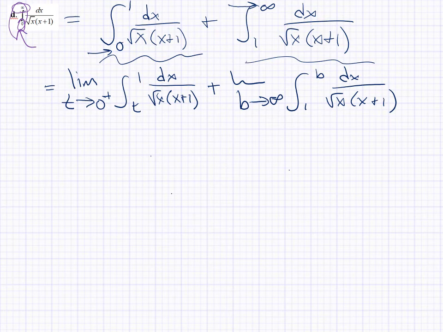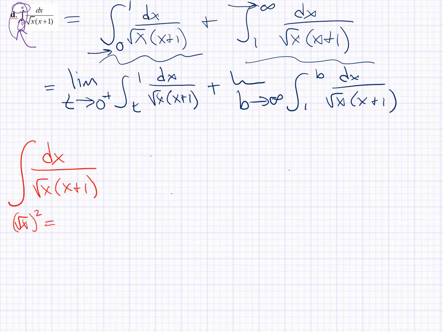Now I have to worry about how do I even do this integration. So we've got to think about this integral: the integral of dx over the square root of x times x plus 1. How are we going to go about this? Well, here's the trick to this. The square root of x squared is the same thing as x. So that's here. Okay? Not true.